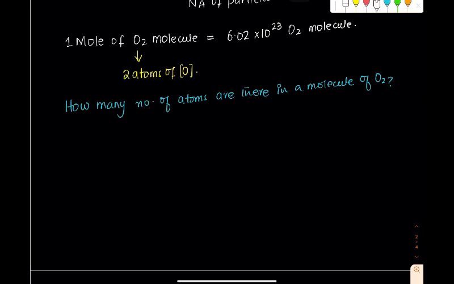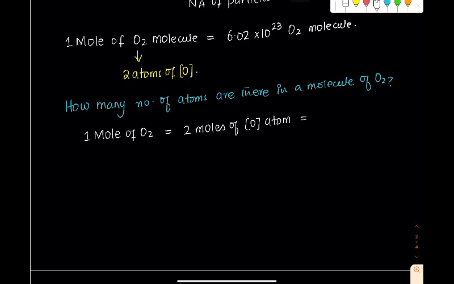So 1 molecule of oxygen is made up of 2 atoms of oxygen. This means that 2 moles of atoms of oxygen. So it will contain 2 times the Avogadro's number of oxygen atoms, like this. 1 mole of oxygen contains 2 moles of oxygen atoms. So we are talking about the number of atoms.